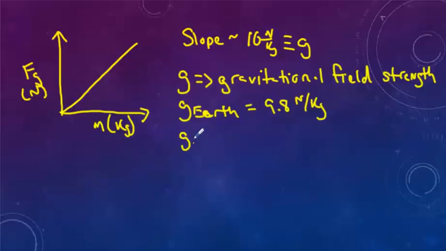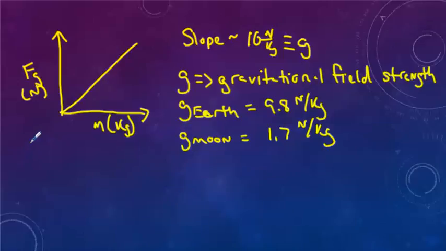The g of the moon is equal to roughly 1/6 that, or 1.7 newtons per kilogram. And we'll talk more about later on where this number comes from, or what this is related to.